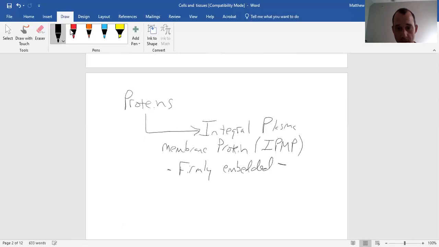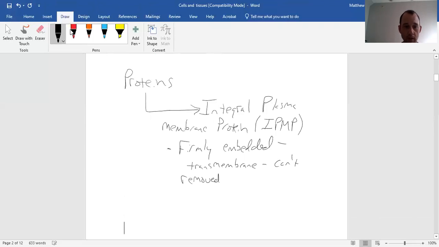They tend to be transmembrane. In other words, they essentially span the entire phospholipid bilayer. I'm going to show you a picture of this in a second. All right. In general, they cannot be removed without destroying or permanently damaging the cell. All right. They cannot be removed.